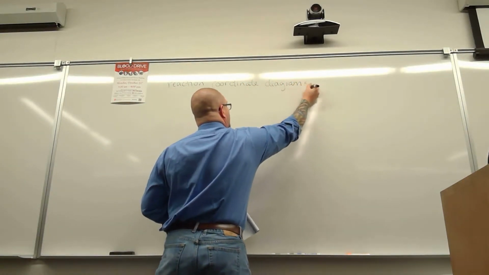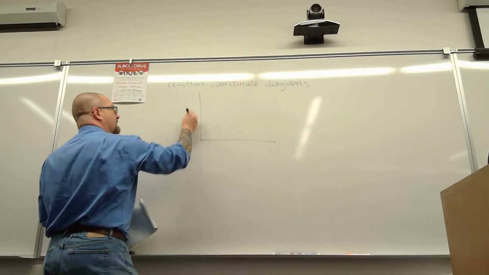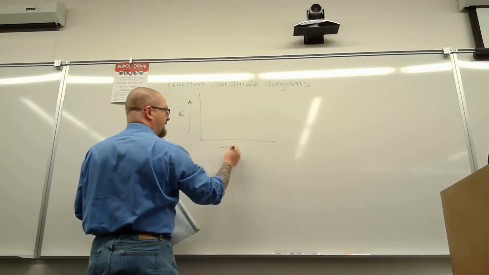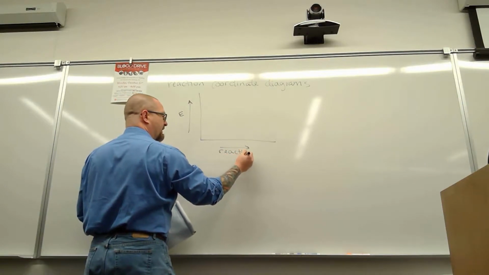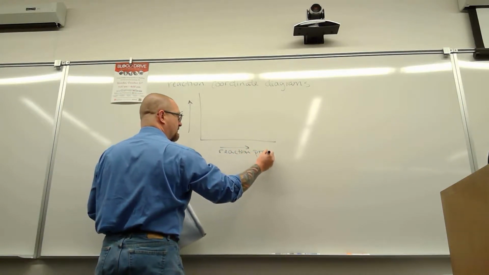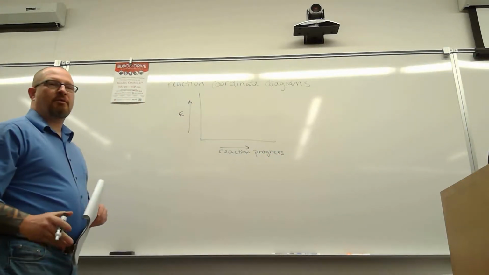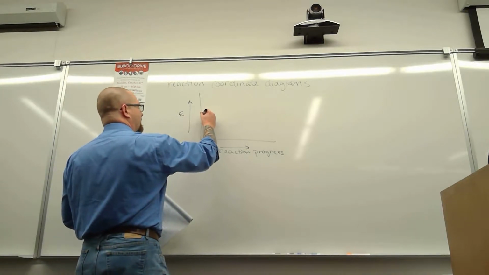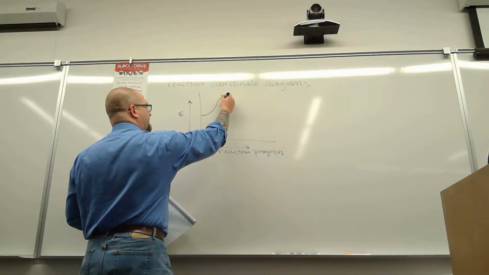And this is the classic: the y-axis is increasing energy, and along the x-axis you have reaction progress. What everyone's probably most comfortable with is that notion that we start out with the reactant, and then we have some kind of barrier to activation.